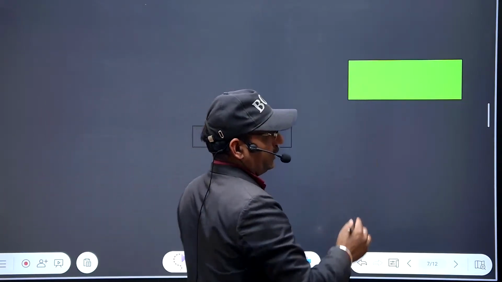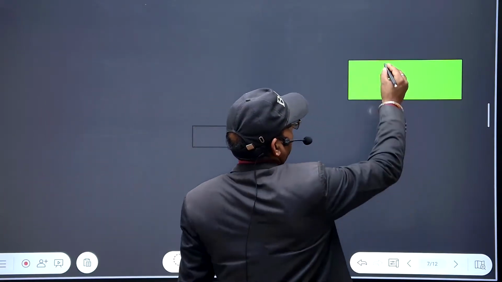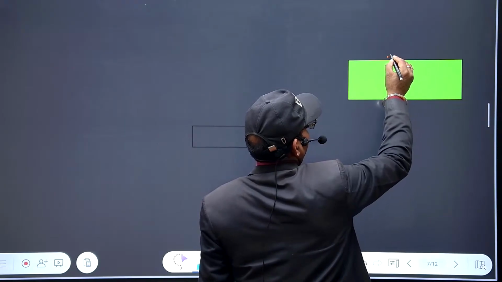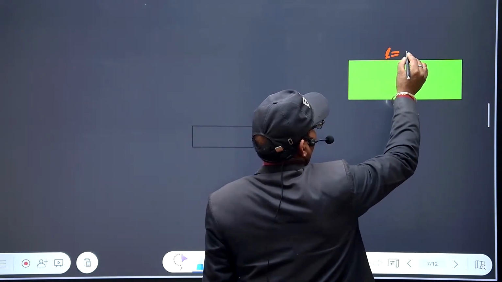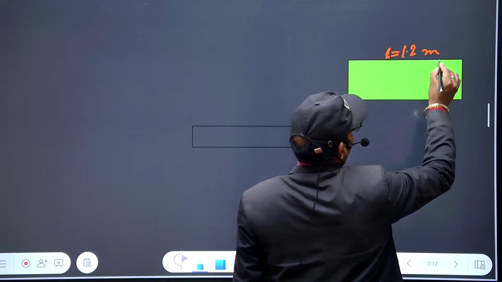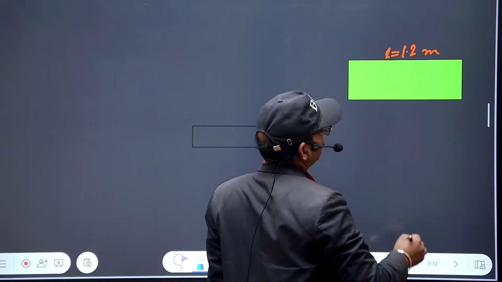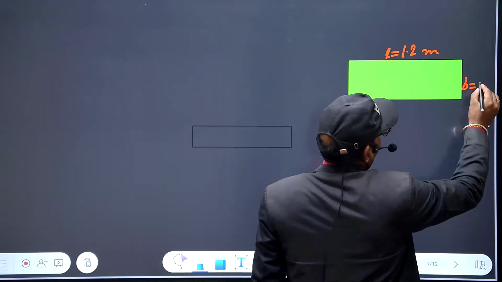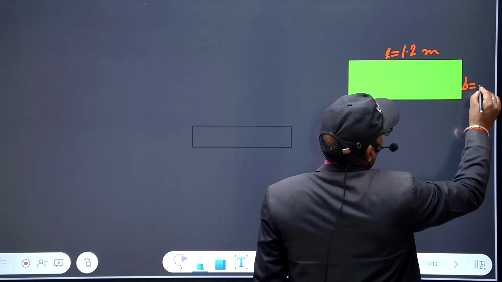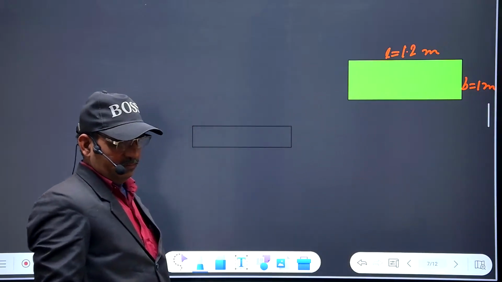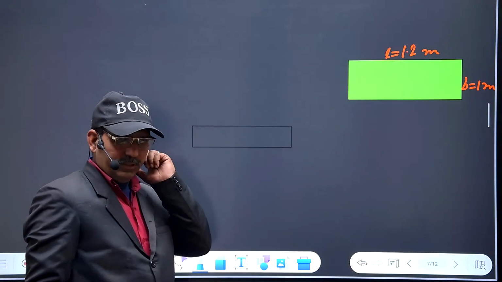So this is the rectangle and here length is given, L is equal to 1.2 meter, and width is given, 1 meter. So how will we find the perimeter of this diagram?